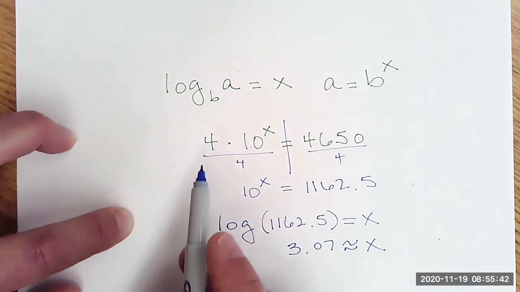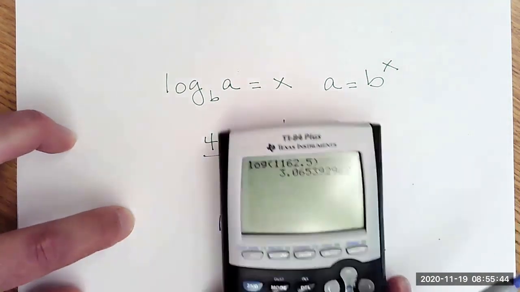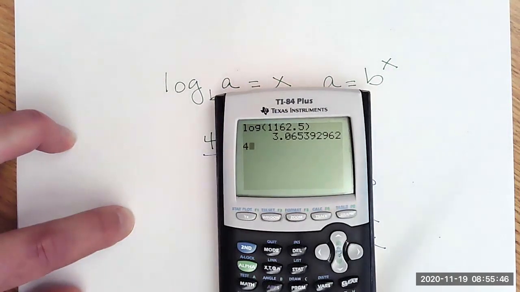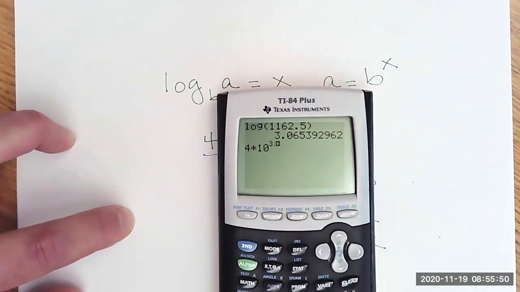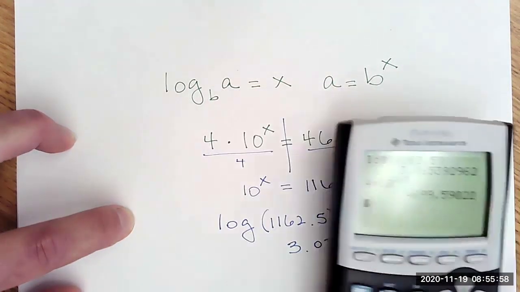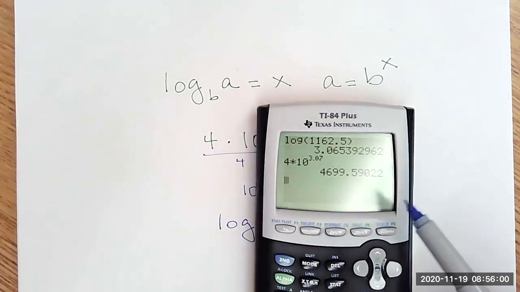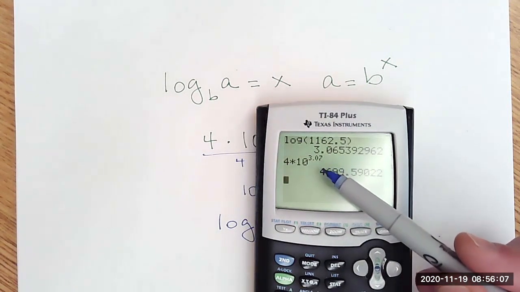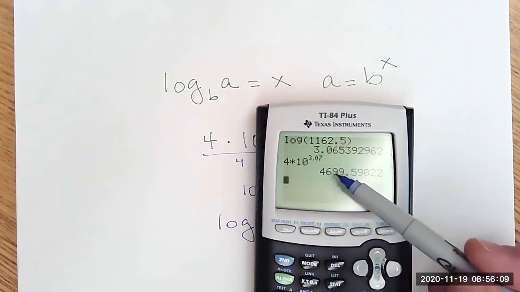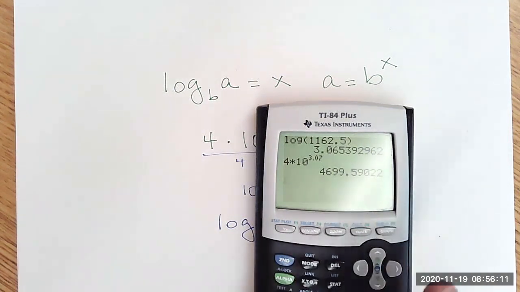We'll actually use the whole thing: 4 times 10 raised to the 3 and 7 hundredths. That's close. If I want to test this a little further and get a more accurate decimal, I will get closer to my 4650. But that is close enough.